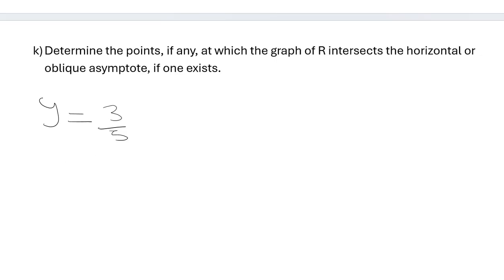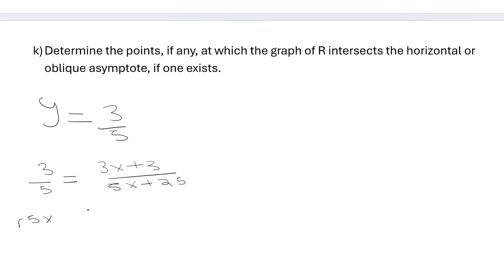So I'm going to rewrite it as 3 over 5 equals my function, which is 3x plus 3 over 5x plus 25. I'm going to cross multiply.